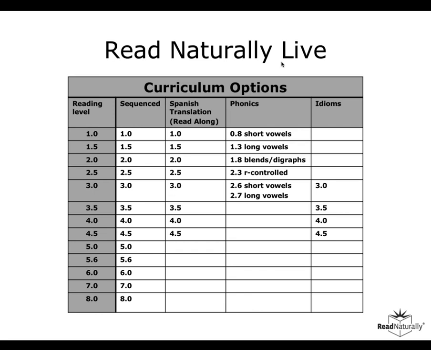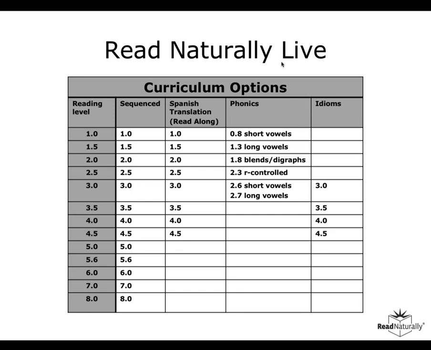And I'll talk a little bit more about how the phonics series differs from the sequence series a little bit later on. And then we also have an idioms series for levels 3.0 to 4.5.